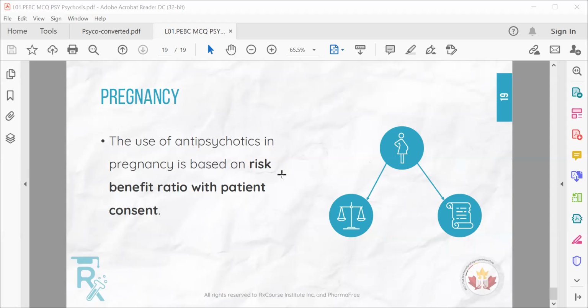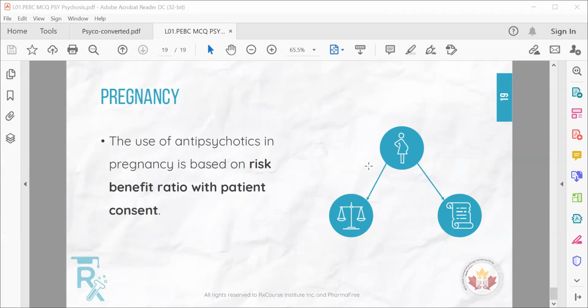Okay, some notes about this topic. Ziprasidone and Lurasidone, when you take them, you need to take them on a full stomach after food. That's weird to say about some medication, but this is how it is.